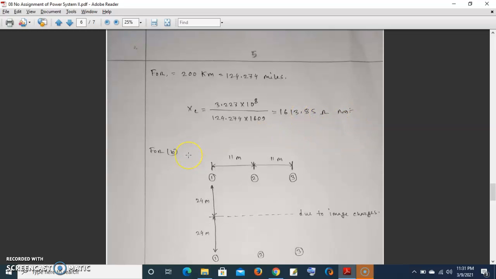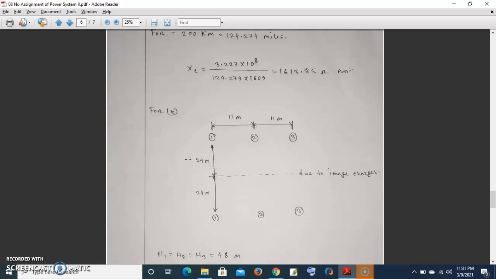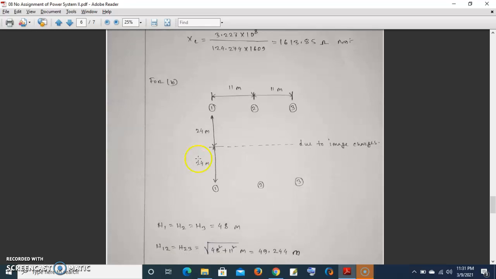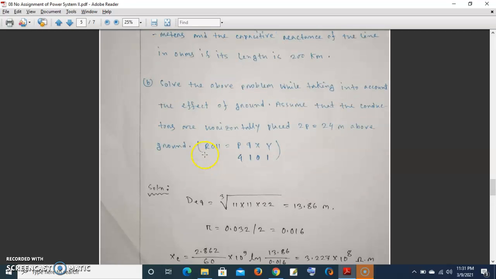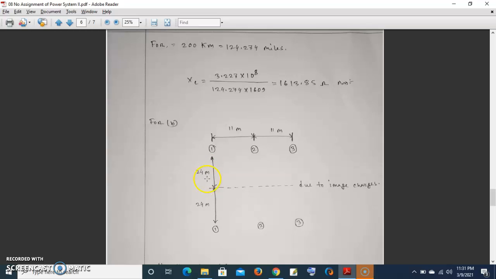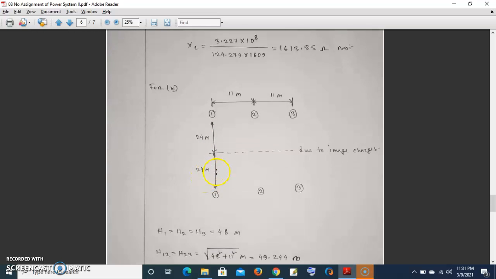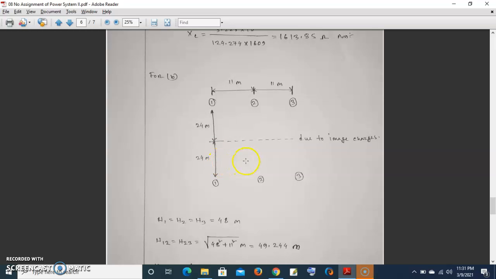And for B, if we imagine this, we get 11 meter, 11 meter, 24 meter and 24 meter above the ground. Here for B, above the ground, if we sketch this picture, we get this.